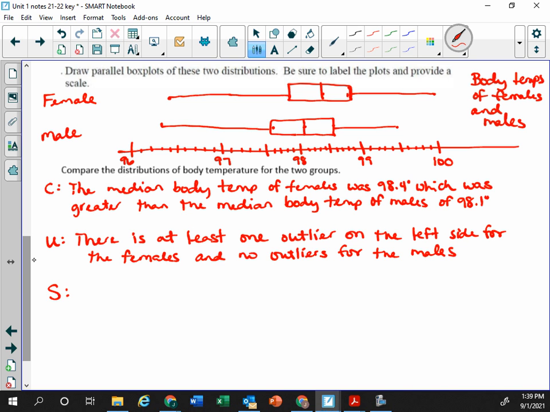If one whisker is significantly longer and the other one's really short, that means you've got skew. But if things are fairly balanced all the way across, then you're looking at a symmetric distribution. The other thing you can check is the mean and median. If those are almost exactly the same, that also means you have a symmetric distribution. Remember, the mean is going to get pulled towards the skew.